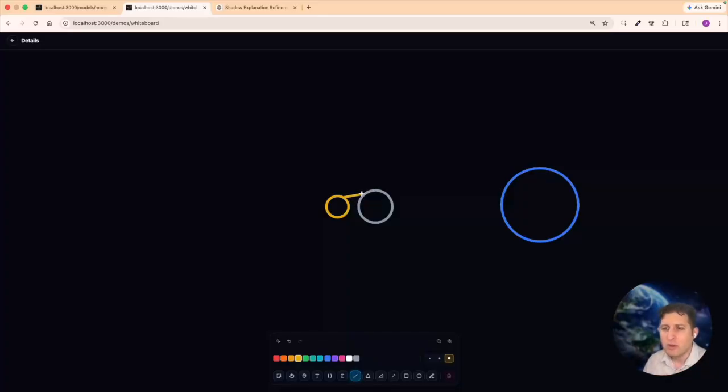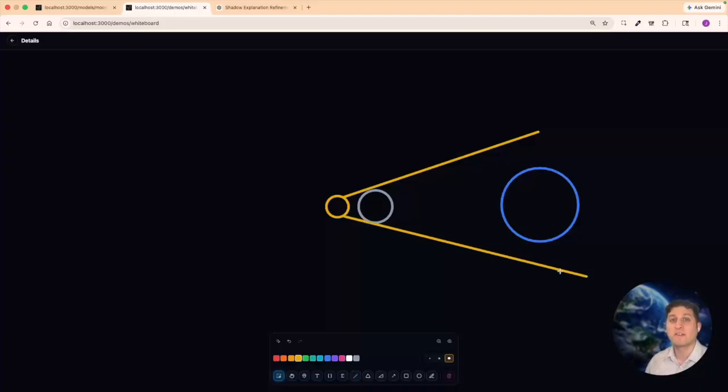Now, you can think about the moon as blocking some of the light. So there's still light all in this area hitting the moon, but this is kind of the boundary. There's still light all the way around here, but the light that is at the boundary of the moon is being blocked by the size of the moon, right? The edges of the moon are blocking some of the light. So we can represent the light that's reaching the Earth, or not reaching the Earth in this case, by looking at these boundaries here, right?